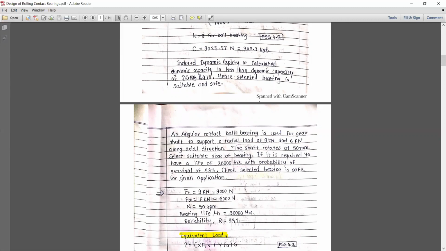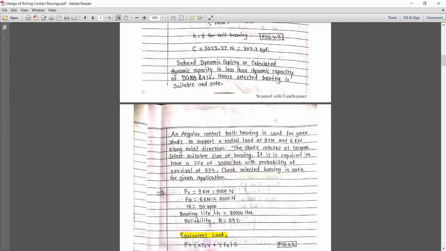So it means that our selected bearing is suitable, or you can say the induced or calculated dynamic capacity is less than that of the designed capacity. So the selected bearing of DGBB 6412 is suitable and safe.